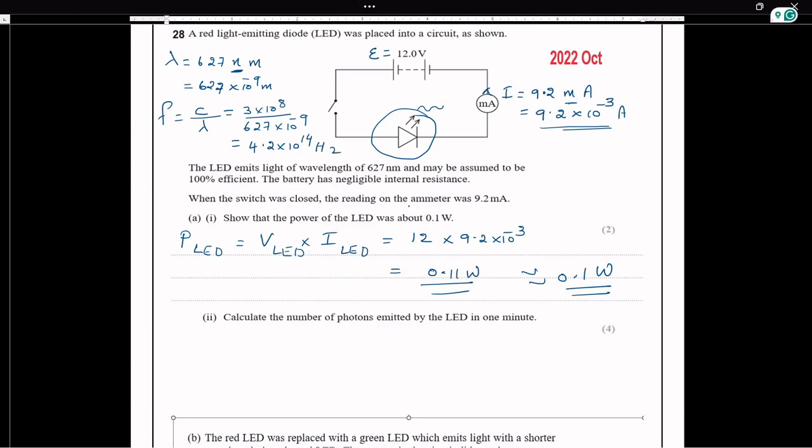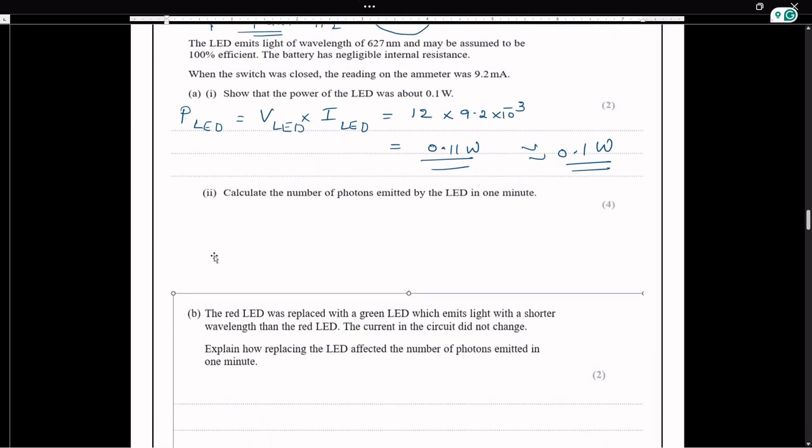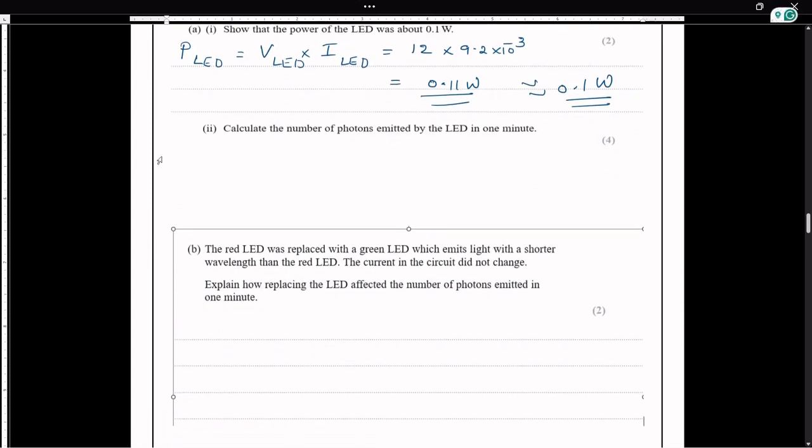This is the frequency of the light emitted. So here we can write the frequency of the photon.